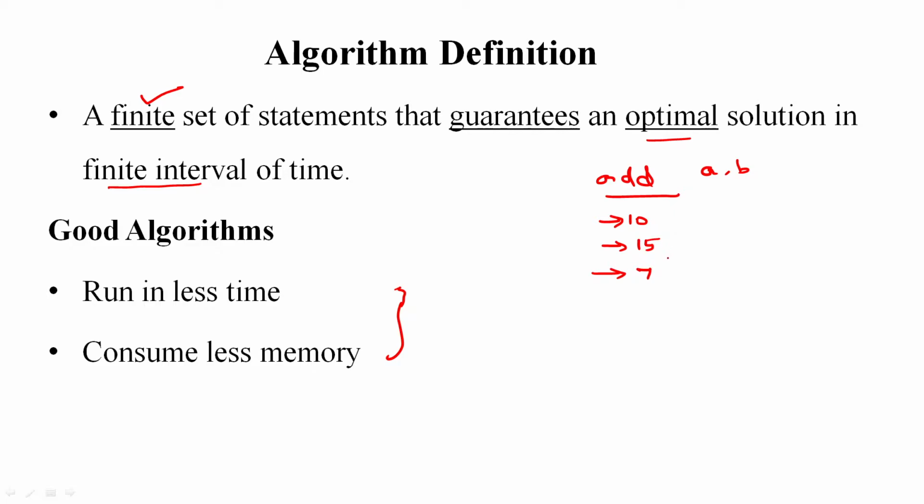So whichever algorithm is taking less time for execution, and also consuming less memory space to store the values in the memory, among these three algorithms, that algorithm will be called a good algorithm.